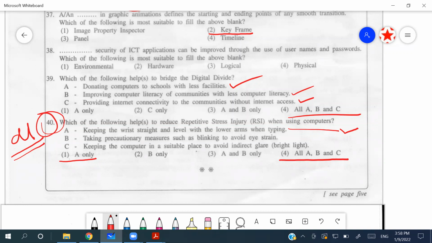So it's a big picture, right? That is maybe the reason they have gone for all three answers. But if we are referring to a very direct answer, it's going to be A only, right?